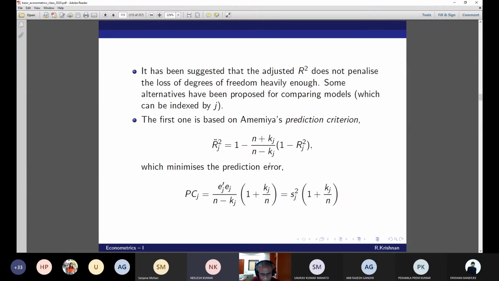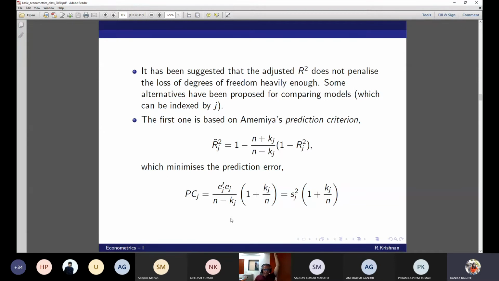Yes, Nilesh, that is okay. But do you understand what we mean by the index j? There are many models, J models, and we are calculating for the jth model.